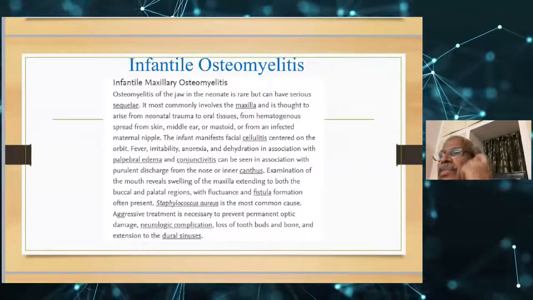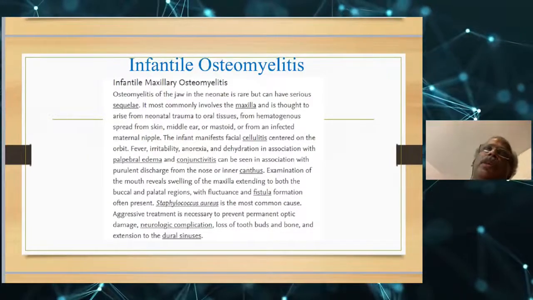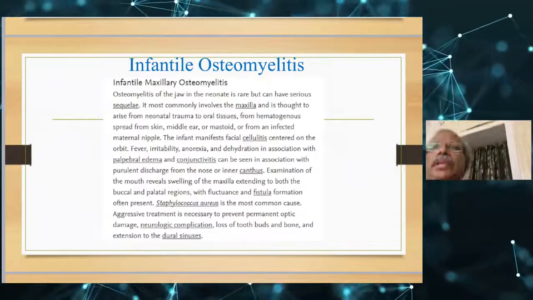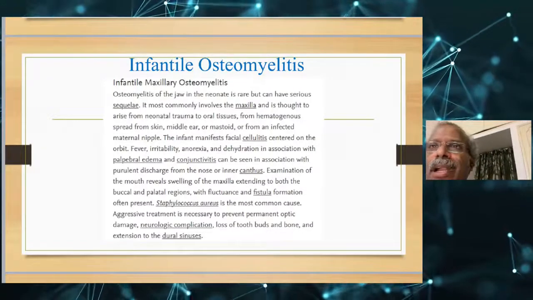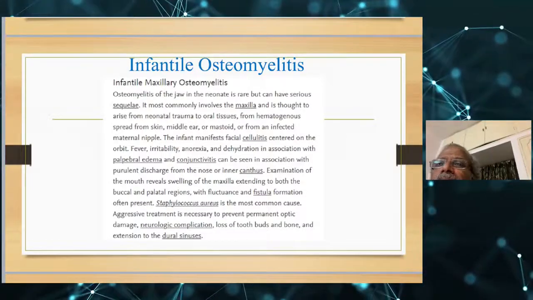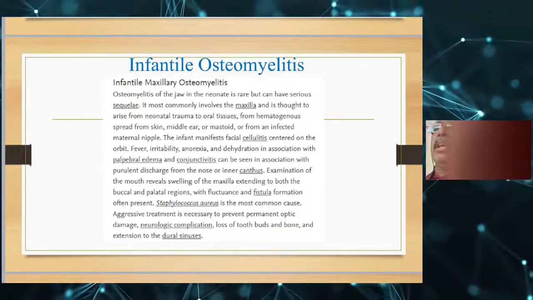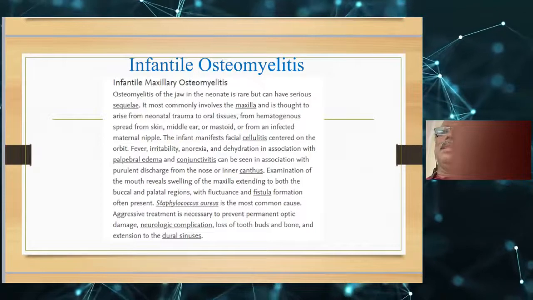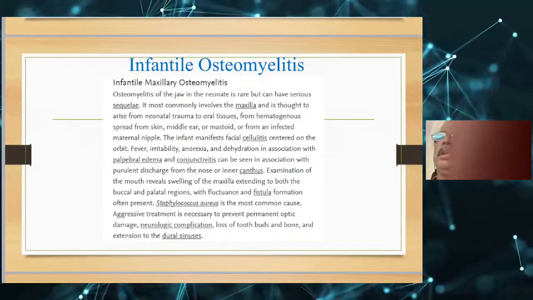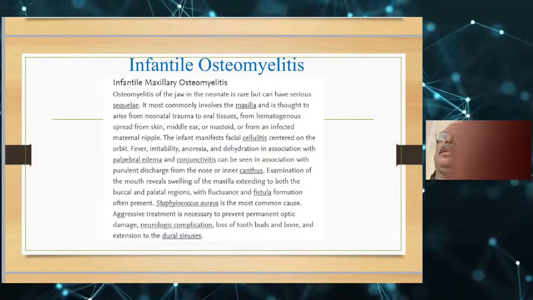We don't see that many nowadays, but in the past, when we were PG students, we used to see a lot of infantile osteomyelitis, osteomyelitis occurring in the maxillary sinus of the child. It was very common then in the government hospitals. They said it is probably because of neonatal trauma to oral tissues, hematogenous spread from skin, middle ear, or mastoid, or an infected maternal nipple.